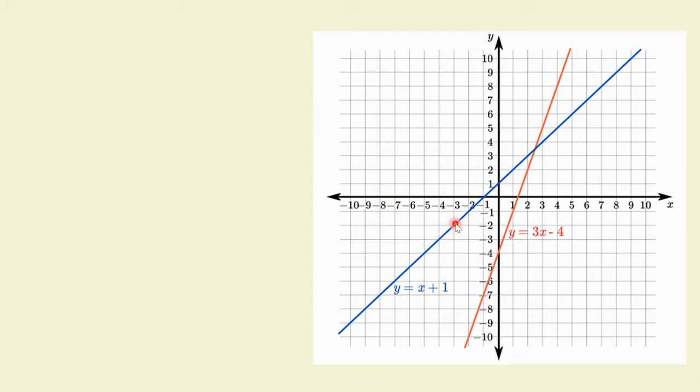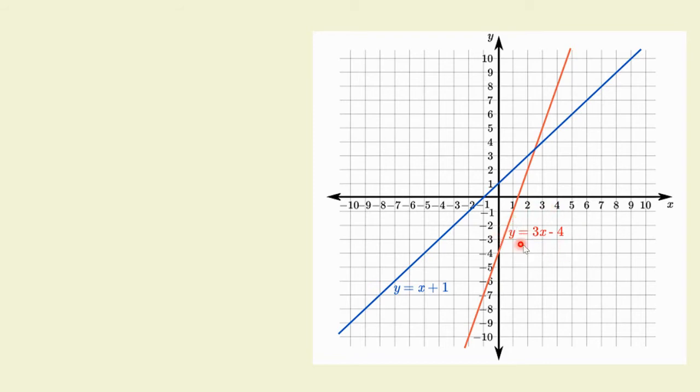Run 1, rise of 1, run 1, rise of 1. That is because of that invisible 1 that's in front of the x. 1 times x. 1 is the gradient. 1 is also the intercept because we've got the plus 1 on the end there. So there's our intercept. So we know it's going up 1 for every 1 it goes across. And we get a couple of points. We get the graph looking like that.